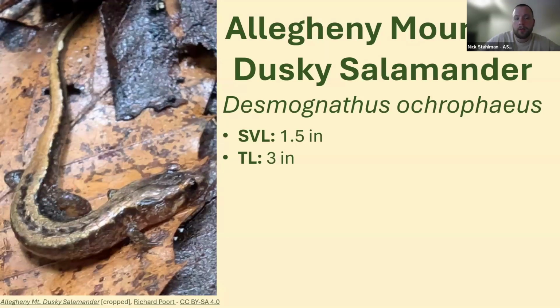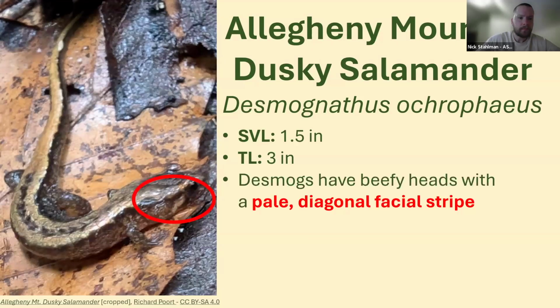The other thing that helps you identify this genus is right here, you have a pale line. From the eye to the jaw, there will be a white line on almost every desmog. You will see this line. So that pale diagonal facial stripe is diagnostic for this genus.